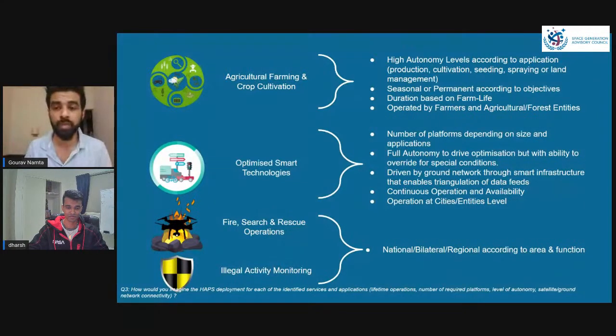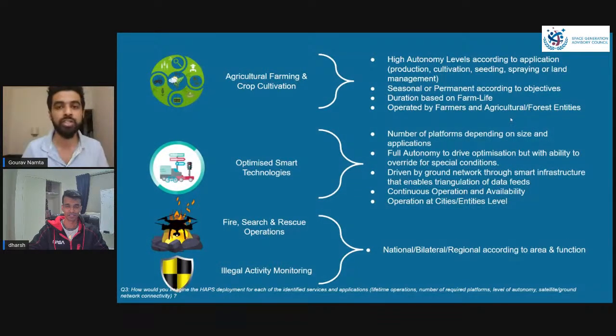For optimized smart technology, again, permanent deployment, whereas for fire search and rescue operation, it will be ad hoc deployment. Again, agricultural farming should be operated by farmers and forest entities. However, smart technology should be operated by the city level government, the municipality, the city regulated authorities.